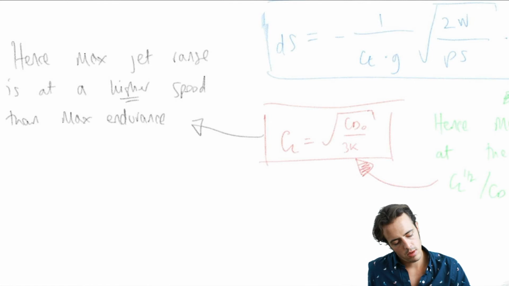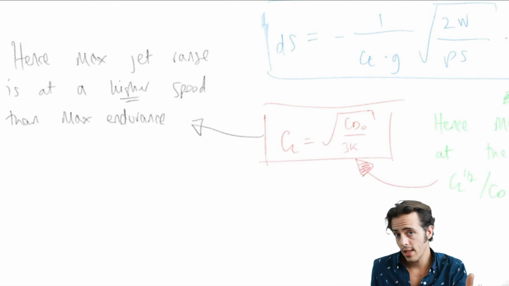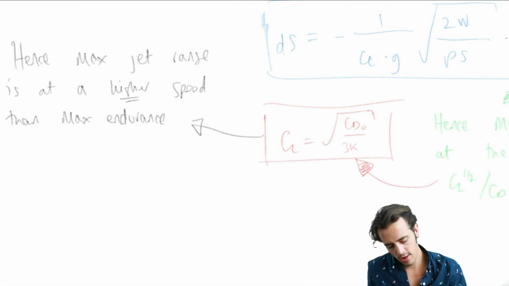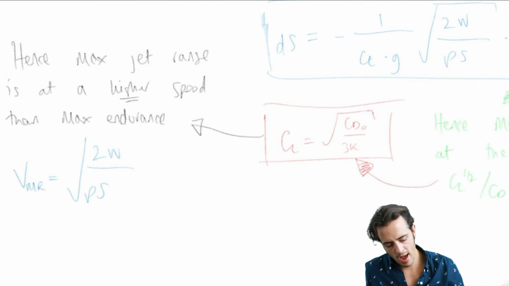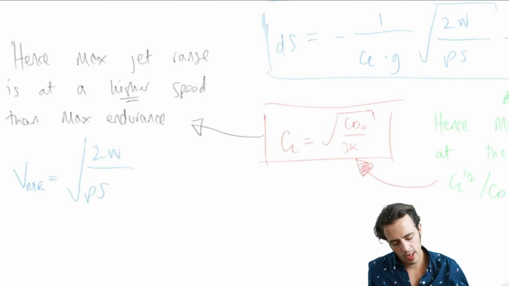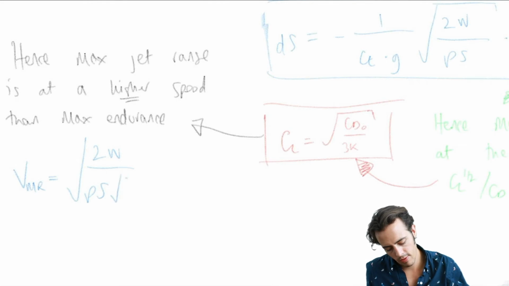Now, we can get the speed that we get this at from the good old-fashioned aircraft speed equation. So we'll say V max range is equal to the square root of 2W divided by rho S, and this is where we put the CL from CD0 on K. We're going to put this in here, so we get the square root of CD0 divided by 3K.